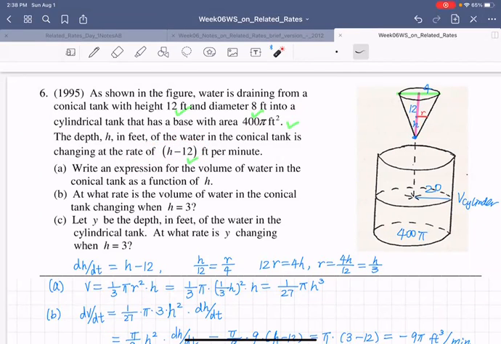This part is really confusing. h is the height, and this is saying feet per minute. What does this mean? So we want to do the translation. Students, pay attention here. This is the key for this question. If you don't translate this correctly, there is no solution for this question.